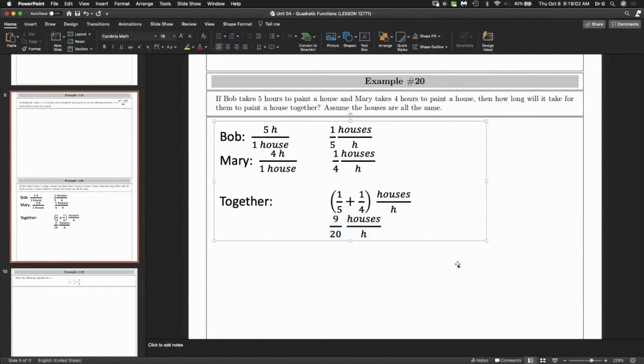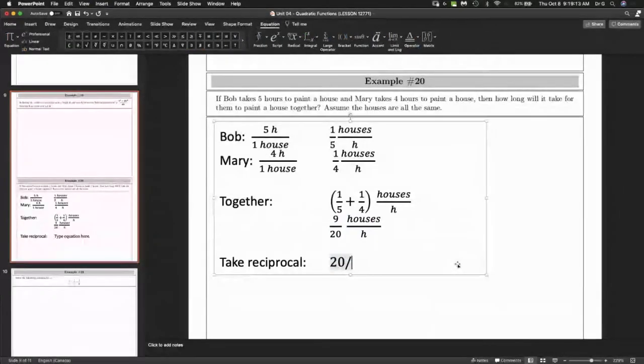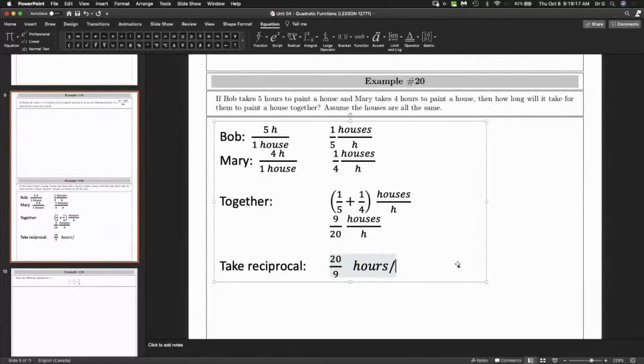Okay, so we don't want houses per hour, so we're just going to take the reciprocal to get the answer. The reciprocal would be 20/9 hours. Let's put H here, hours per house.